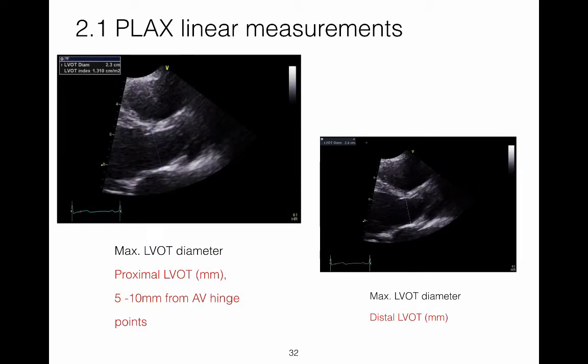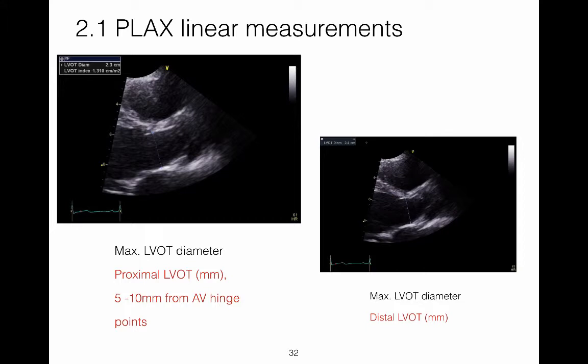Another important linear measurement from the parasternal long axis view is the measurement of the diameter of the left ventricular outflow tract. This measurement can be made from a more proximal or a more distal point. A proximal measurement is preferable, as it is more likely to assist with stroke volume calculations needed to estimate an aortic valve area.